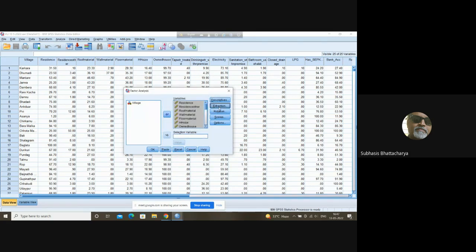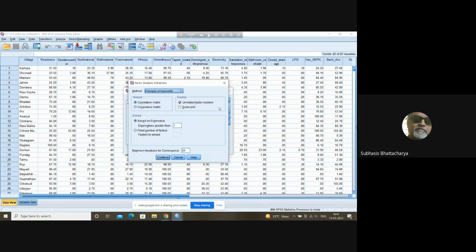Then we go to extraction, and here in extraction we consider the correlation matrix, scree plot and unrotated factor solution in the display.